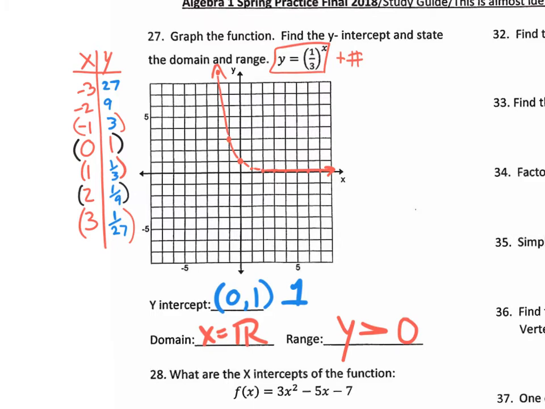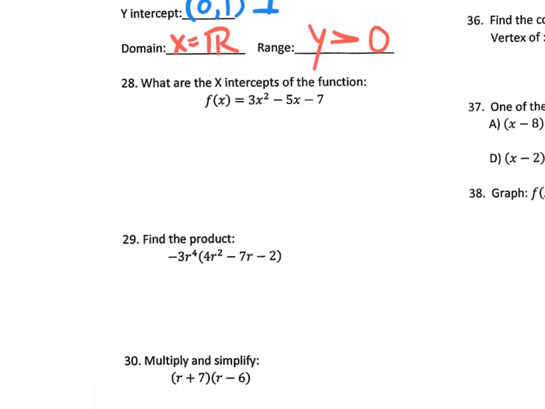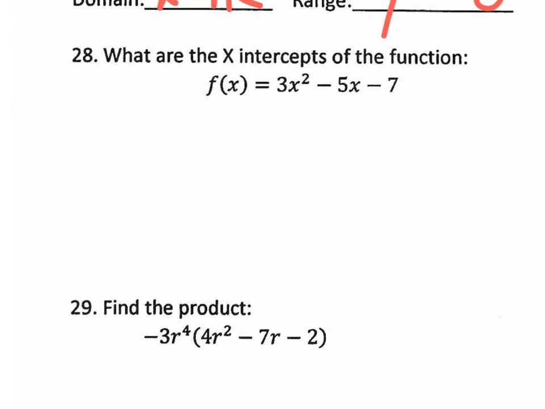Let's move on to number 28. What are the x-intercepts of the function? Well, first of all, we need to not get confused with f of x. F of x is the same thing as y, okay? Now, I have y equals 3x squared minus 5x minus 7. When they ask you to find the x-intercepts, remember x-intercepts, it means the same thing as what?